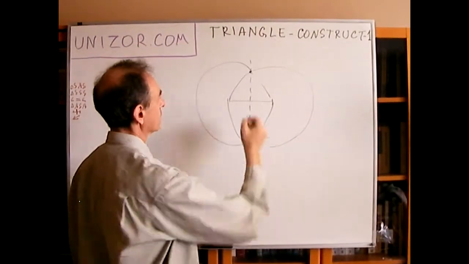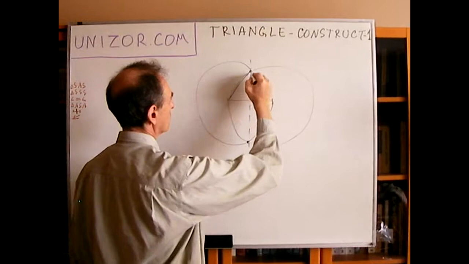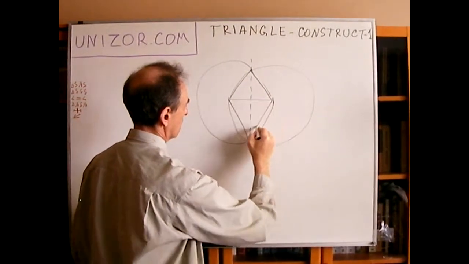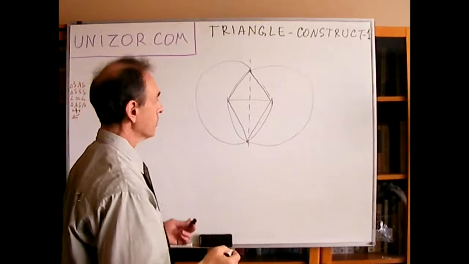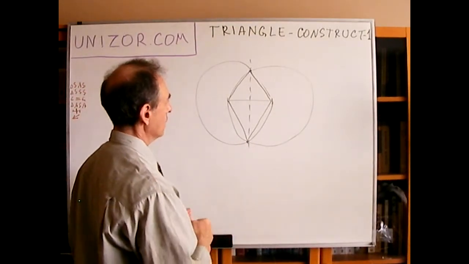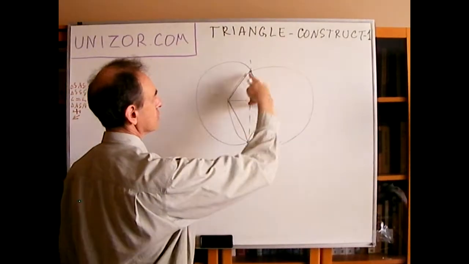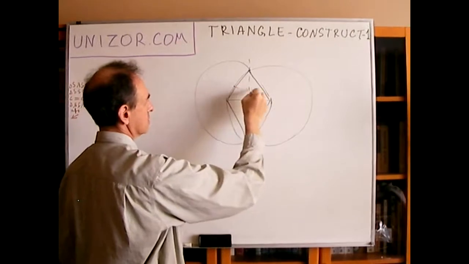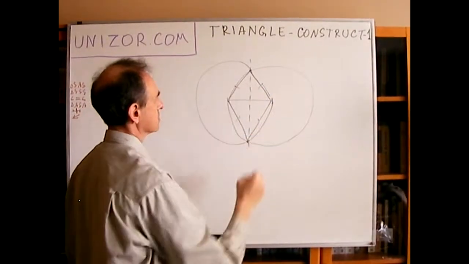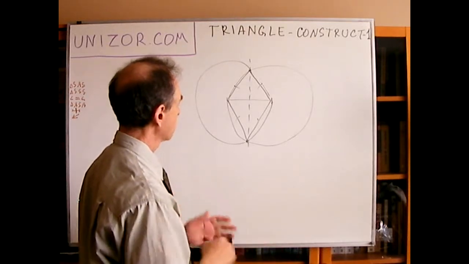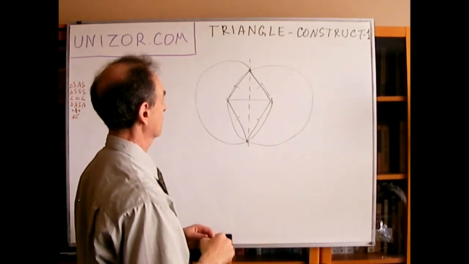And what do we have right now? Let's consider this triangle and this triangle. They are both equilateral. Why? Because I took exactly the same radius from here and from here. So this line is equal to this and this and this. So these 4 segments are of the same length, congruent to each other.